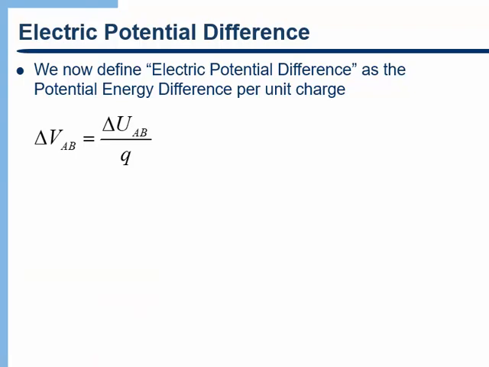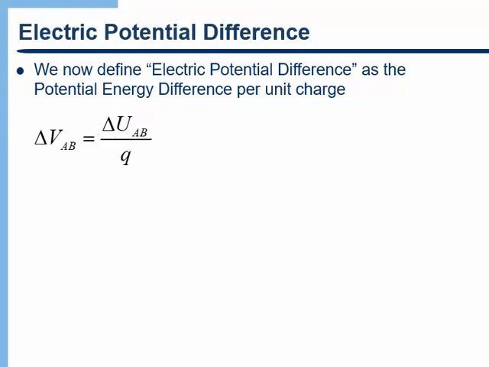All right, we're now ready to meet the new thing, which is electric potential difference. By the way, that language, electric potential difference, we could also say as change in electric potential. So notice the way we say delta U is change in potential energy. We could say that stands for potential energy difference.